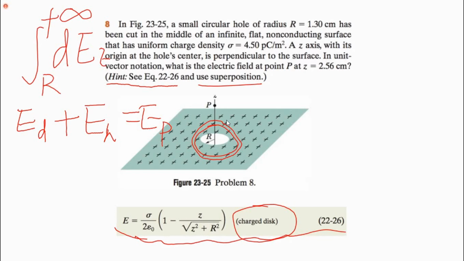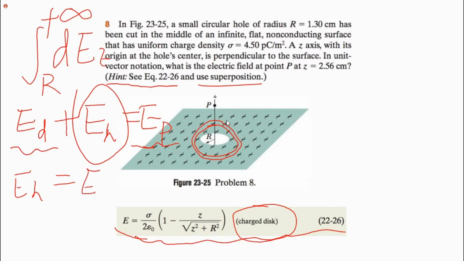We want this one, right? But we already have the equation for the disk, and the plane is just a very simple Gauss's law. So both of the other two are known.